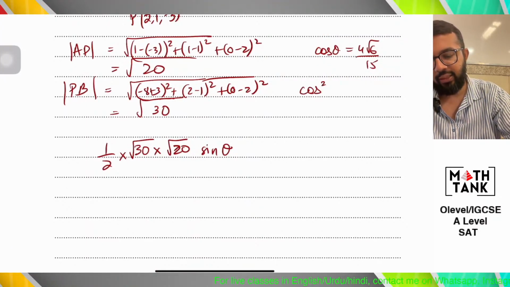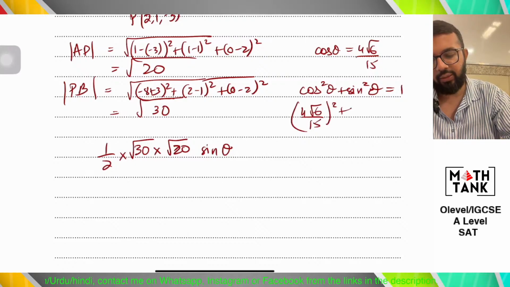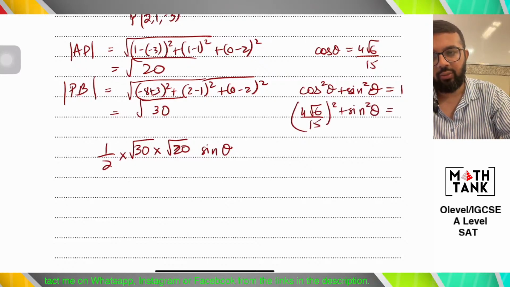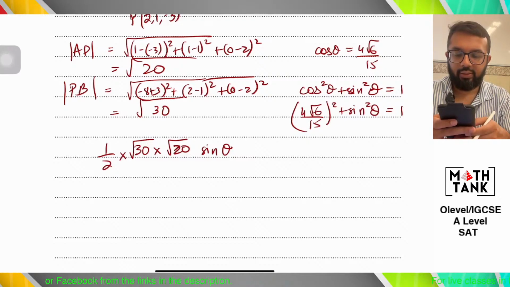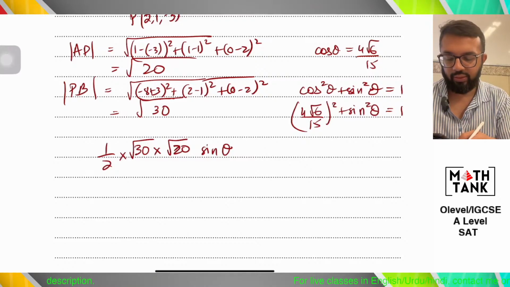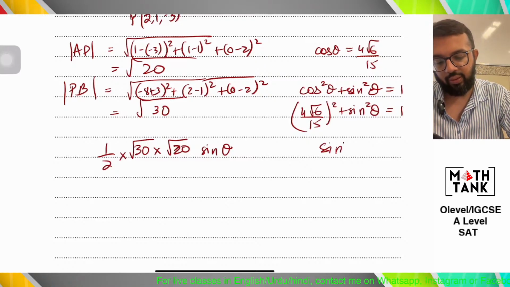How do I change this manually? Cos square theta plus sine square theta equals 1. So 4 root 6 over 15 squared plus sine square theta equals 1. 4 root 6 over 15 squared is 32 over 75, and sine square theta is 43 over 75.